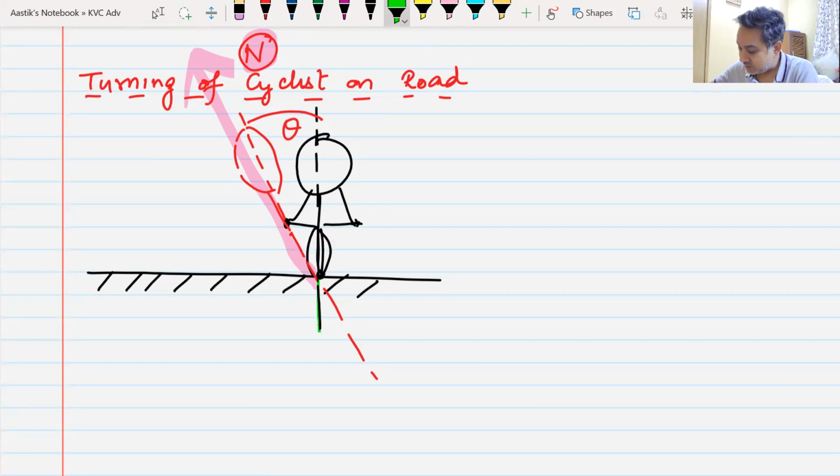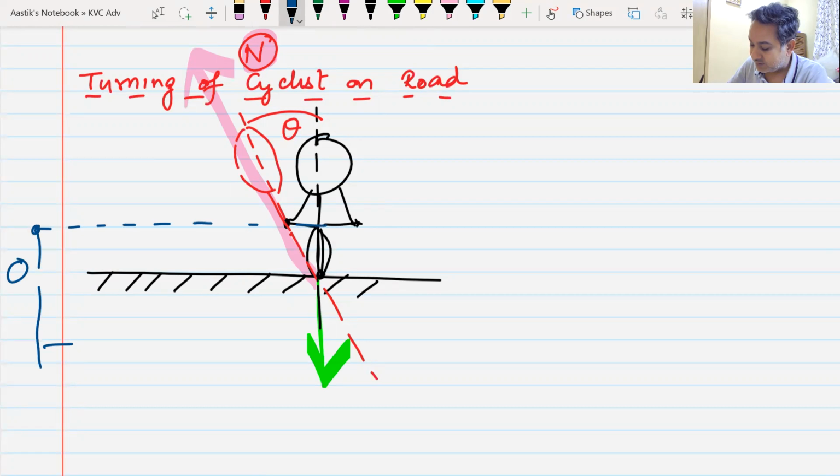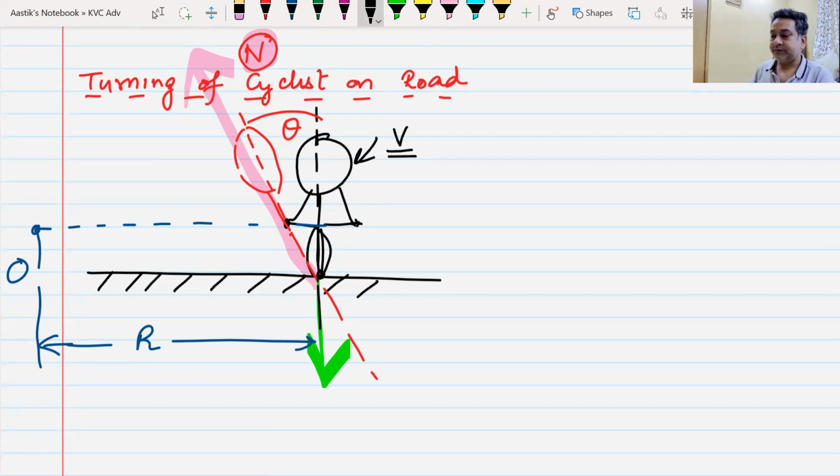His weight still remains here, and the center of the circle is somewhere here. The radius of the circle is R. Can you tell me with what speed he can turn his bike now?